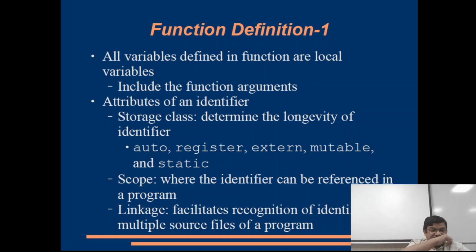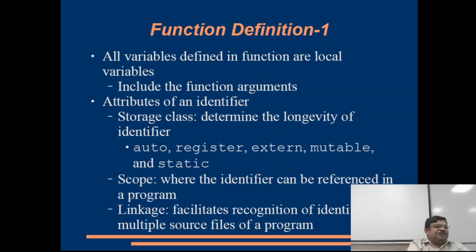It is defined somewhere else. Mutable, we'll see a little later. Mutable concept we will see when we come to object oriented programming and class definitions. So let's forget about mutable at the moment.